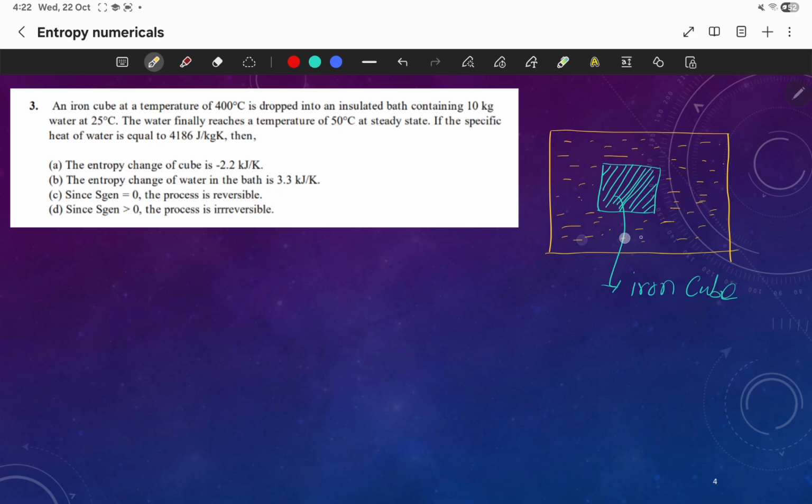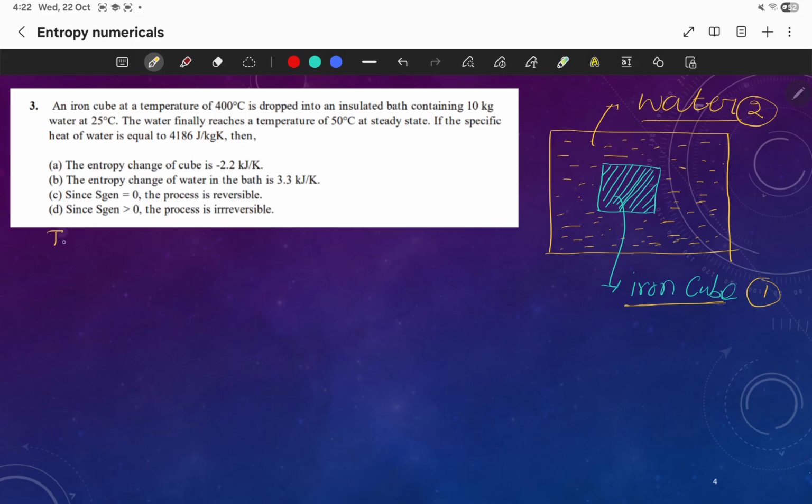Okay, now let's see. This is water, cool water. Okay. This iron cube is very hot and its temperature is, now let's take 1 corresponding to the iron cube and 2 corresponding to water.